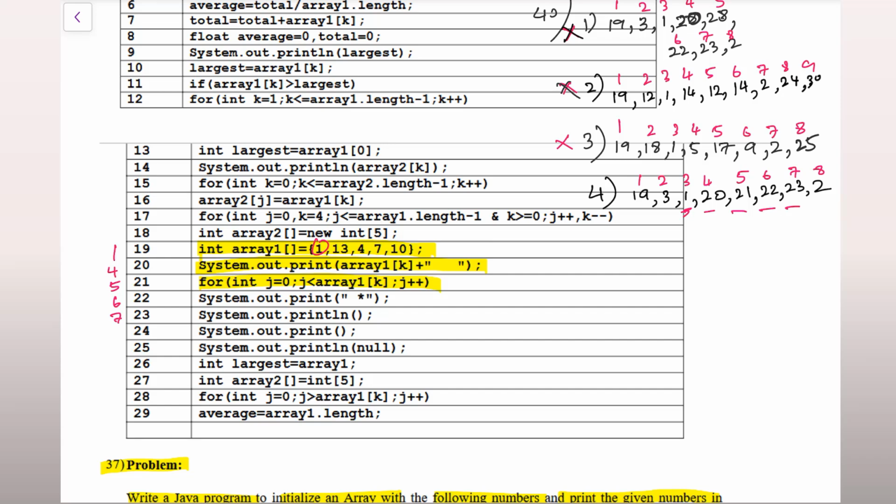So this is basically going from 0 to array 1 k, meaning array 1 0, so that is 1, right? So on the first iteration it is going from 0 to 1. So basically just printing 1 star here, right, on the 6th statement.